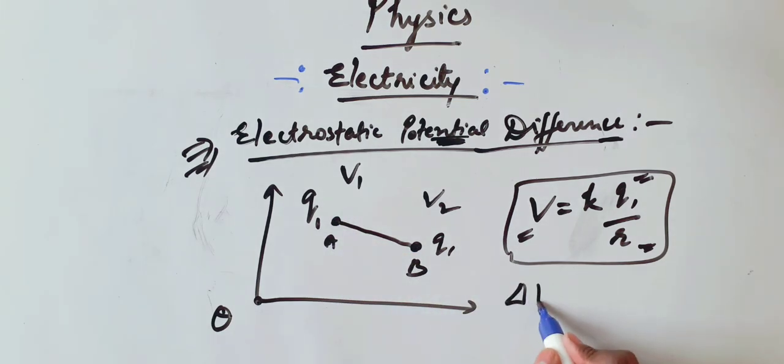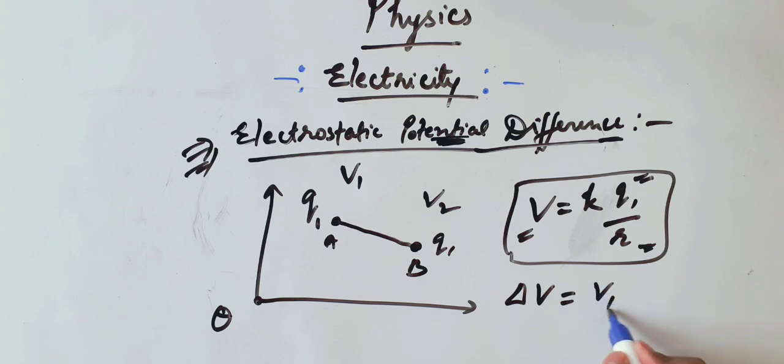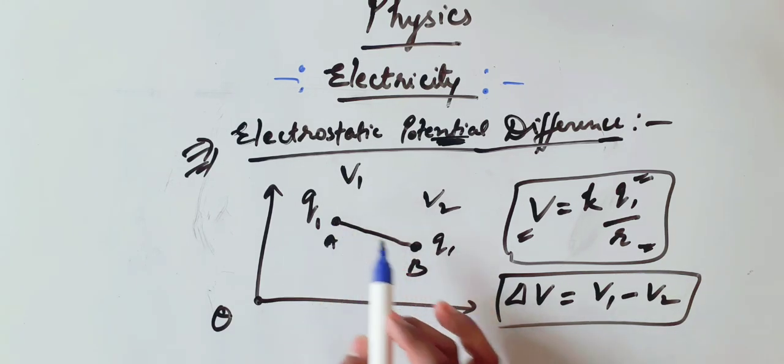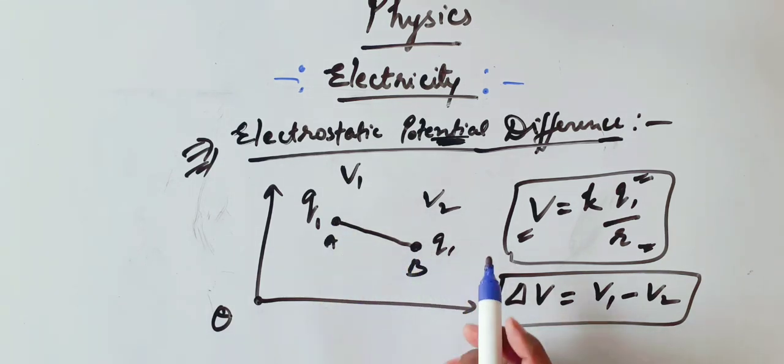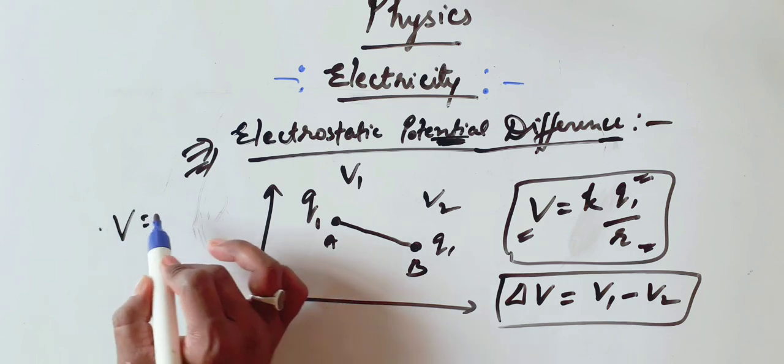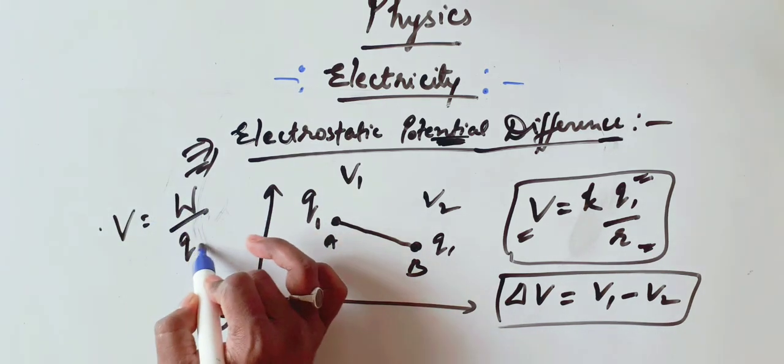Okay, it is represented by delta V, and delta V will be equals to V1 minus V2. Or you can say that when a unit positive charge moves from one point to another, then the work done is known as electrostatic potential difference, or simply you can write V will be equals to work done per unit test charge.